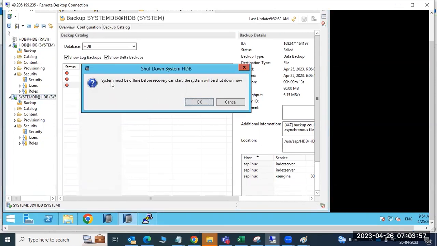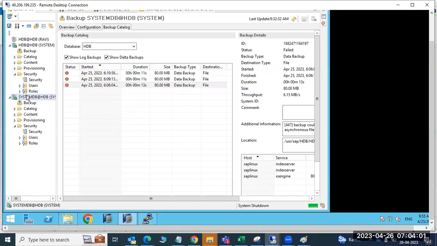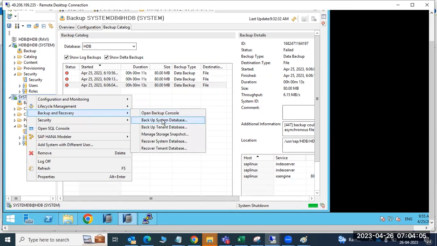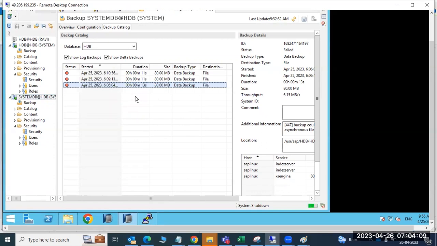The system must be offline before recovery, so go for offline and initiate. Backup and recovery are in the same tab, but you have to initiate everything from the system DB only.